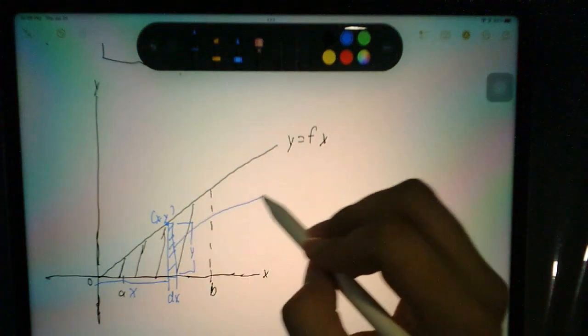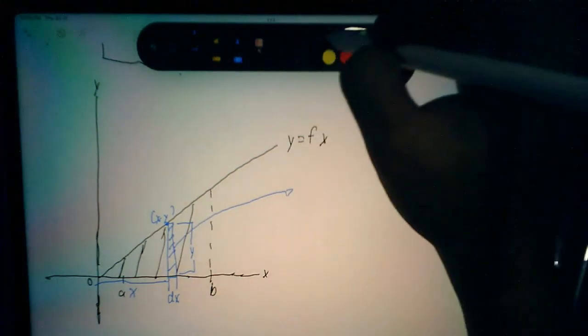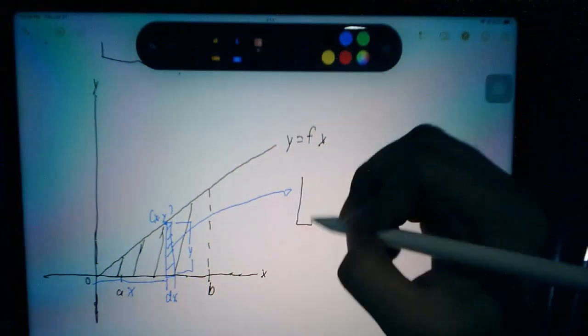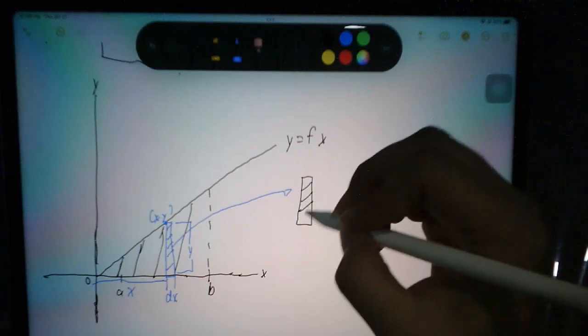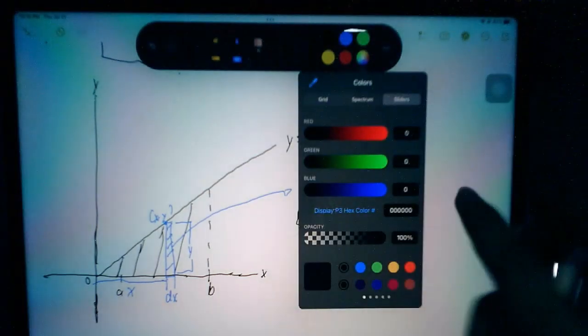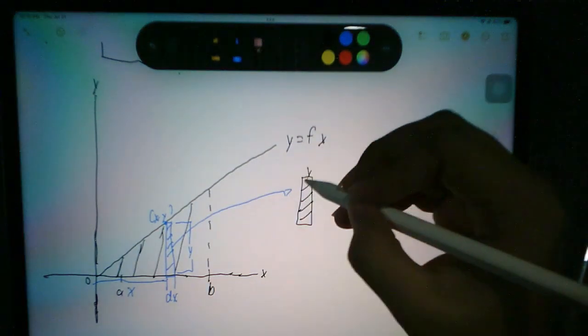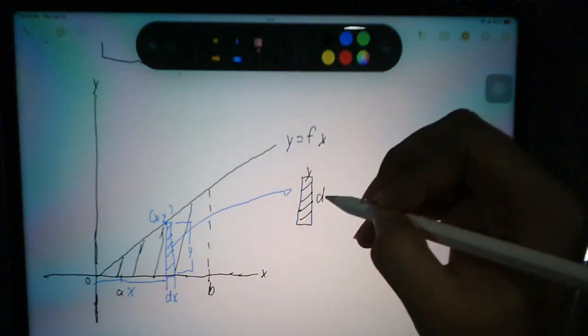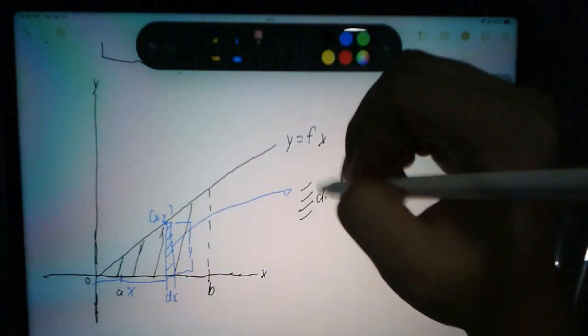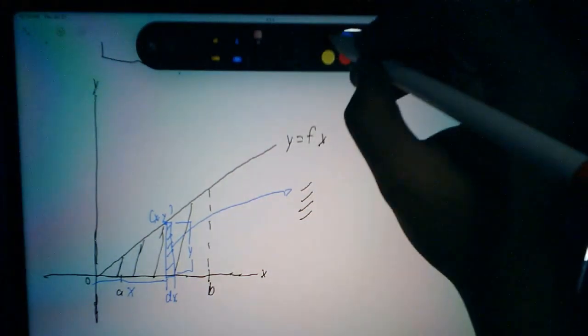Our vertical strip is called the differential area with y and dx. Oh wait, no. Let me draw it again.